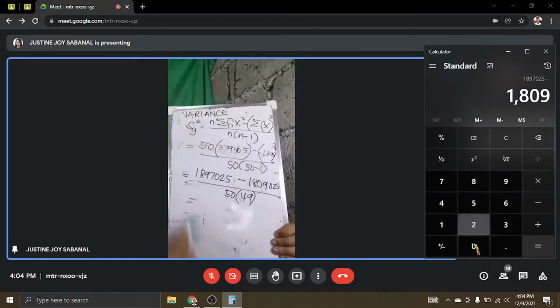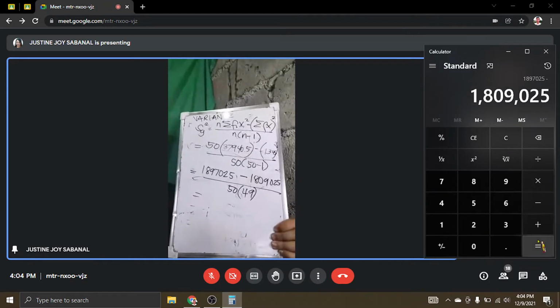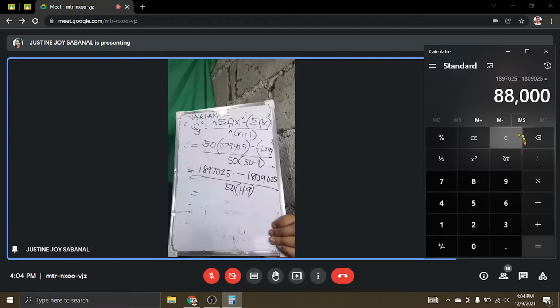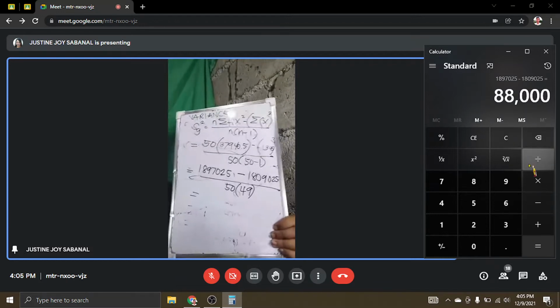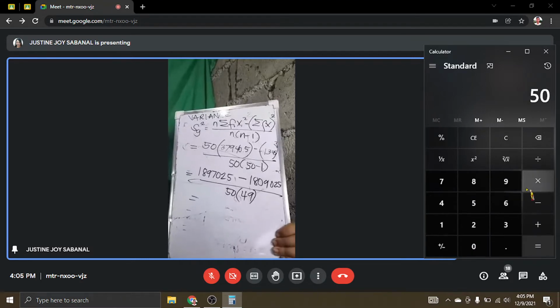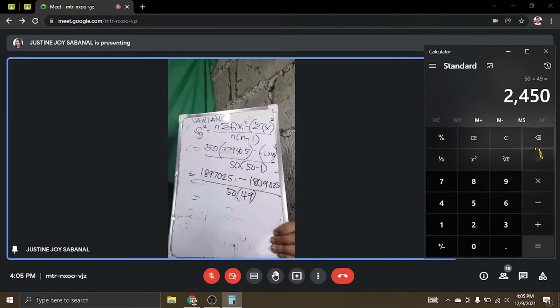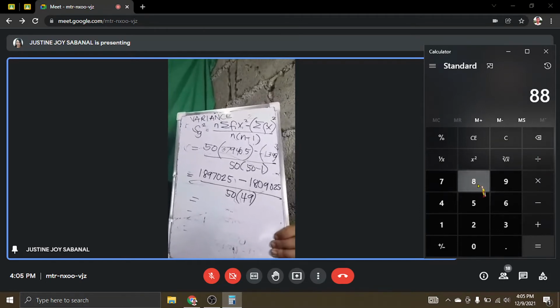So simplifying, 1,897,025 minus 1,809,025 po ito. Sorry, this is 1,345 times 1,345.